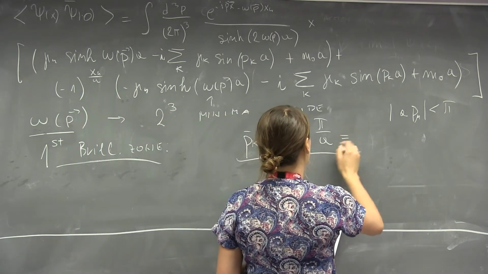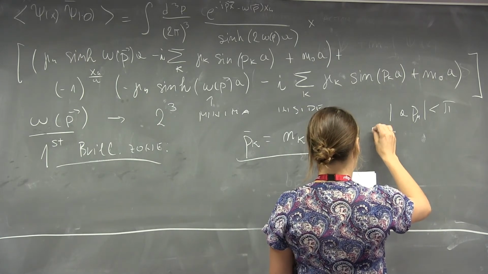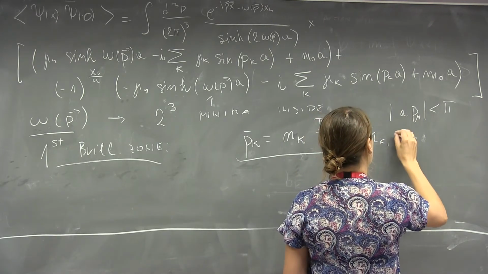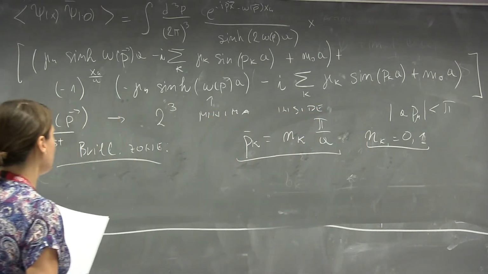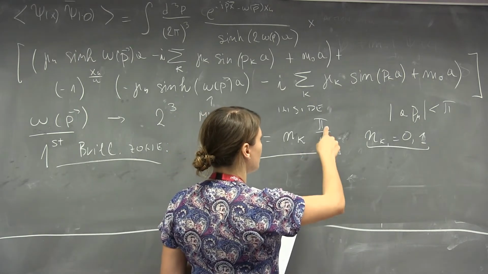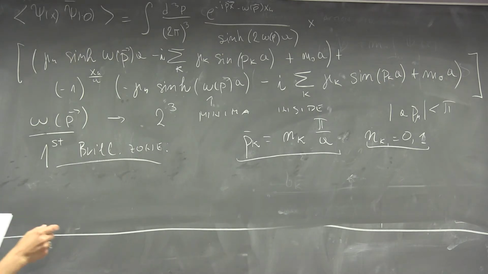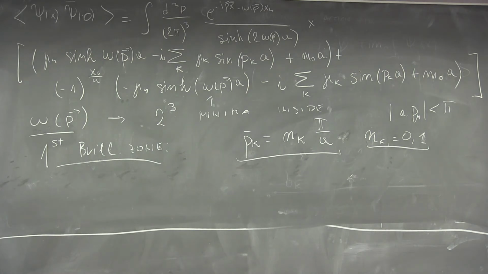However, here the momenta that are allowed, we can have this nk being equal to either 0 or 1. So basically for each k we can have either momentum 0 or pi over a, and each of them gives us poles in this Källén-Lehmann expression for the two-point function.